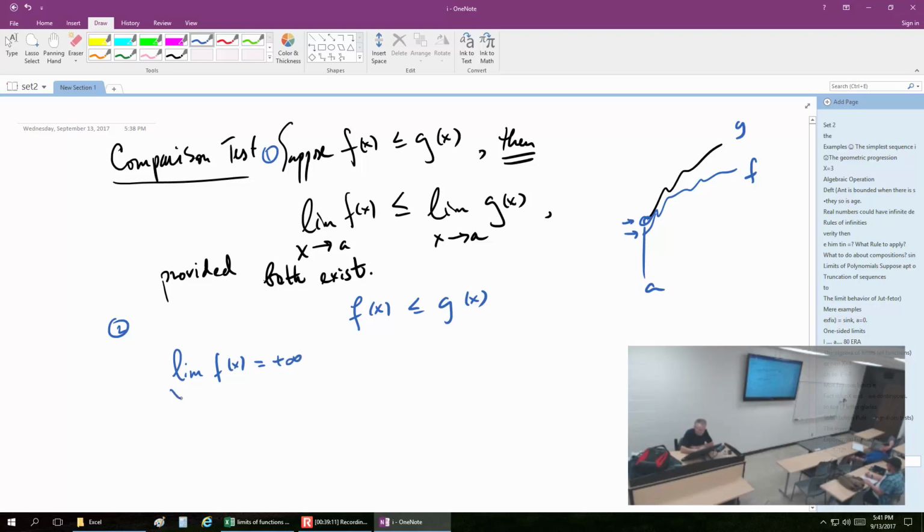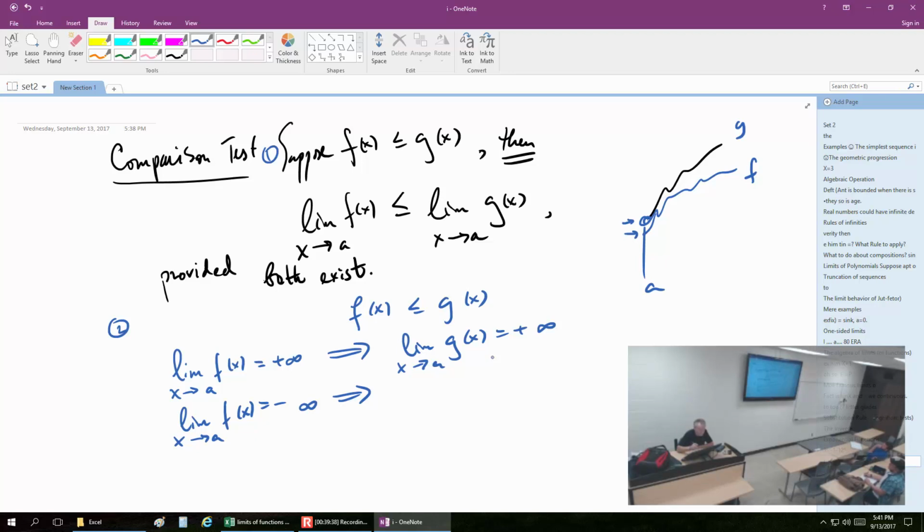Can you draw any conclusion? g of x would have to equal plus infinity. That's right. So limit of g of x is also equal to plus infinity. What if it's minus infinity? Then what? g of x has to be equal or greater than negative infinity.